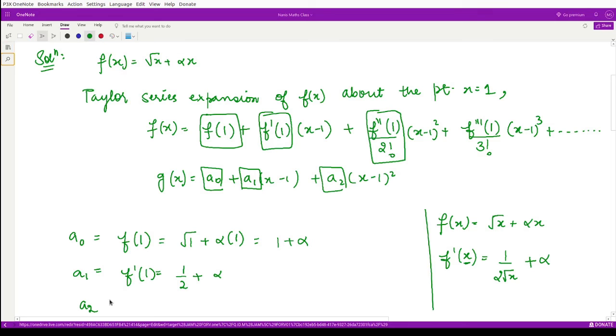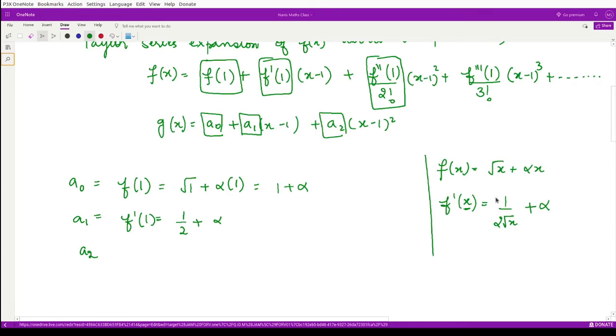Similarly, you can calculate a2. a2 is the double derivative calculated at the point 1 divided by 2 factorial. For that, we first require the double derivative of this function. You can write 1 by 2 square root x as 1 by 2 x to the power minus 1 by 2. When you take the derivative of this term, it is minus 1 by 4 x to the power minus 3 by 2, and the derivative of alpha, a constant, is 0.